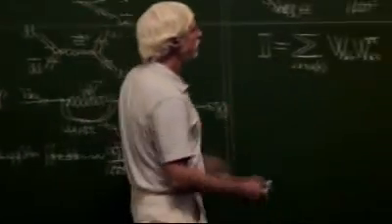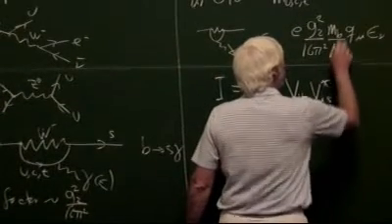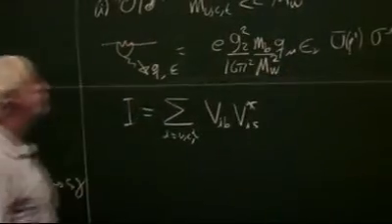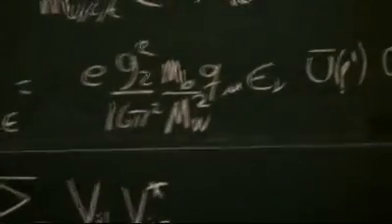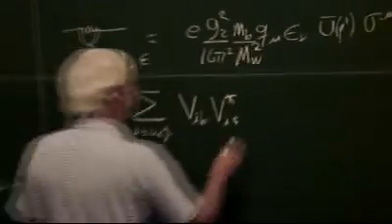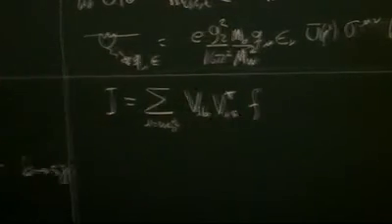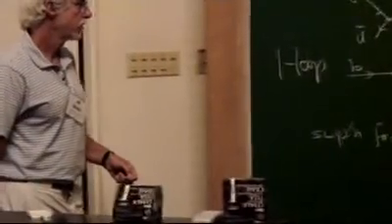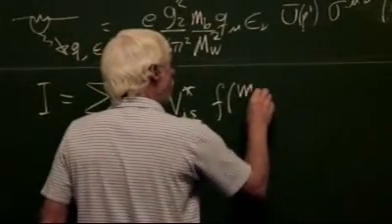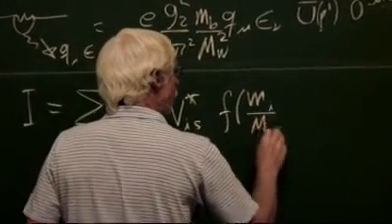And in fact, by dimensional analysis, I can then first take a factor of M_W squared here, and then get a dimensionless function of the parameters, which I can write as the mass of the quark over M_W.